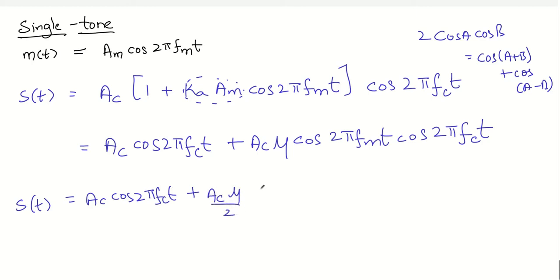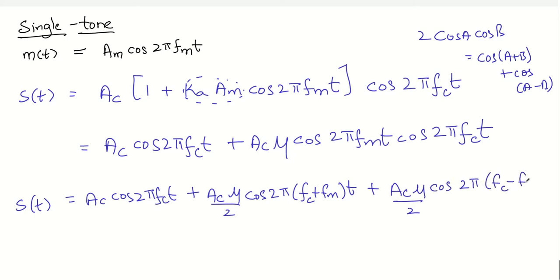So we will get Ac mu by 2 into cos 2 pi, since fc is a very high frequency, the carrier, and our message frequency is low, first we have fc plus fm into t, and another term Ac mu by 2 cos of 2 pi fc minus fm into t. So this will be the simplified equation for single-tone modulation.